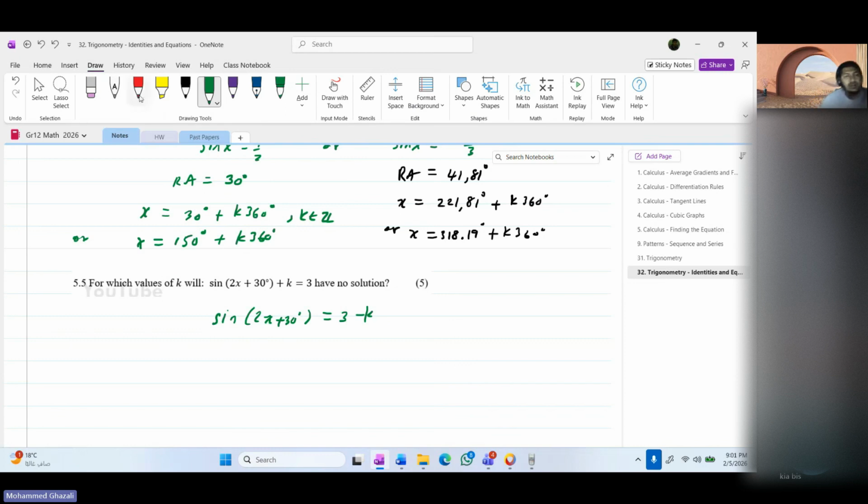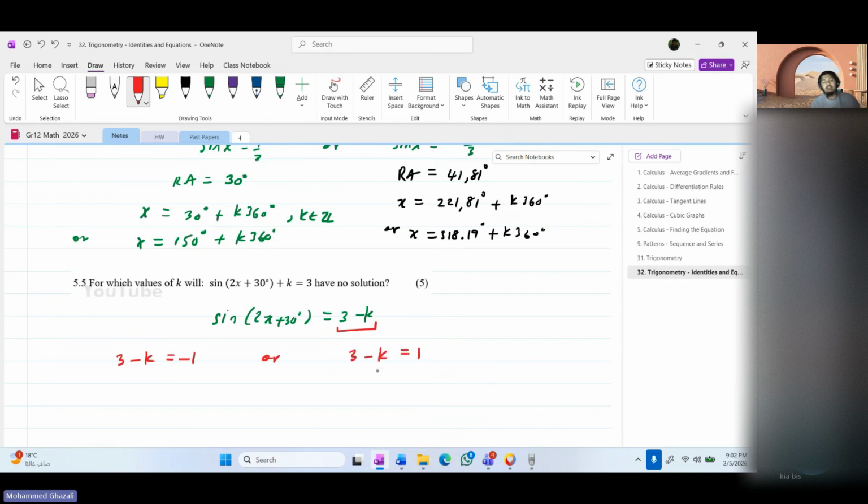Okay, now note 3 minus k, the value of this can either be -1 or 3 minus k can be 1.